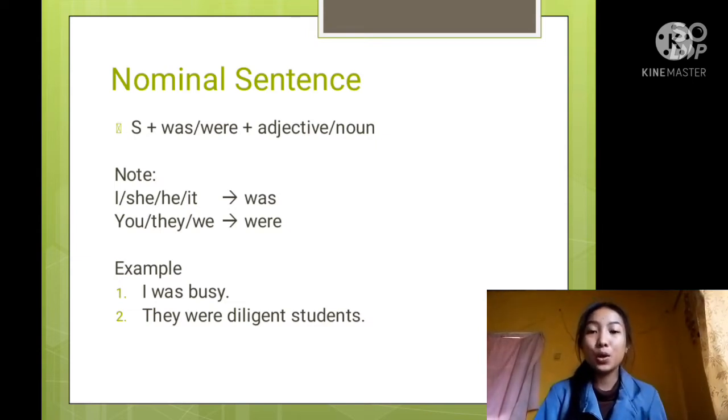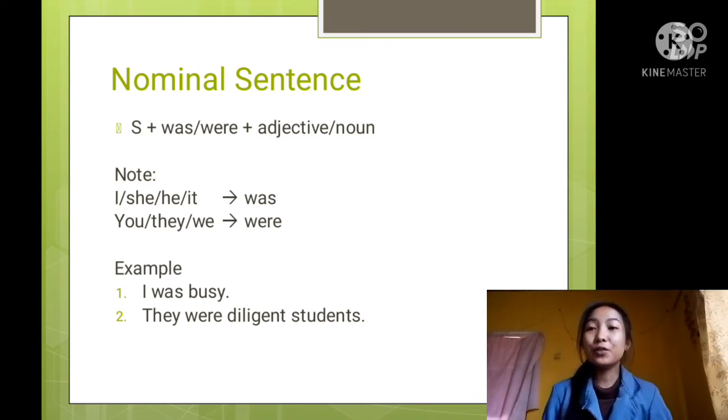For the plural subject, we use were as the to be, such as you, they, and we. After the to be, we use an adjective or noun. Here we do not use an object as in a verbal sentence.